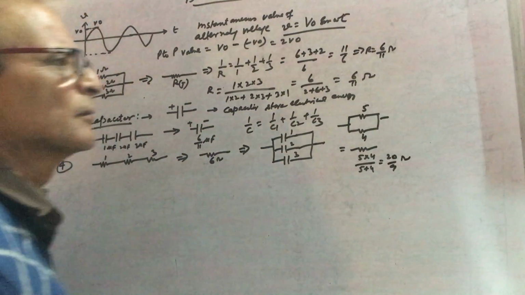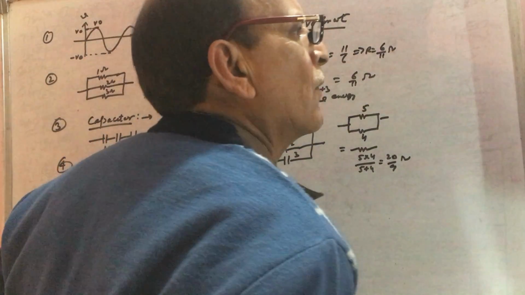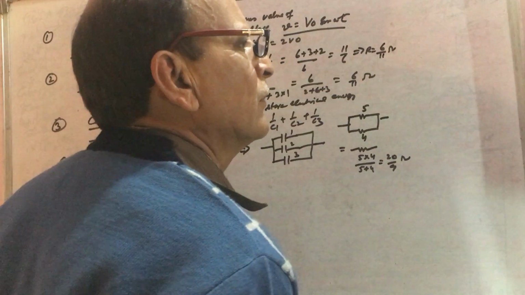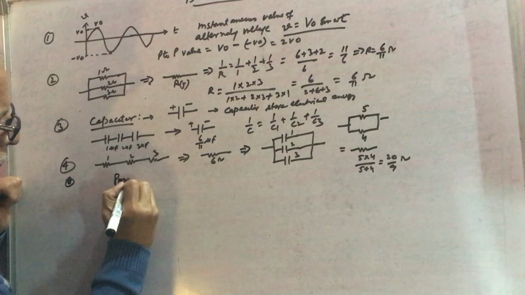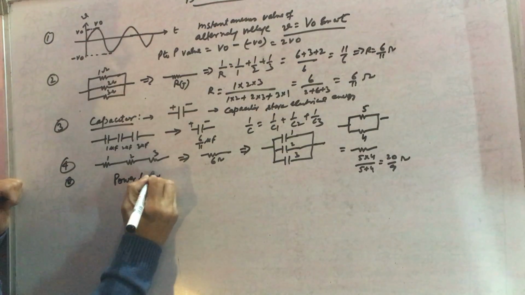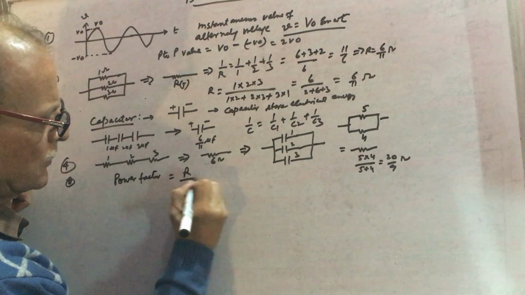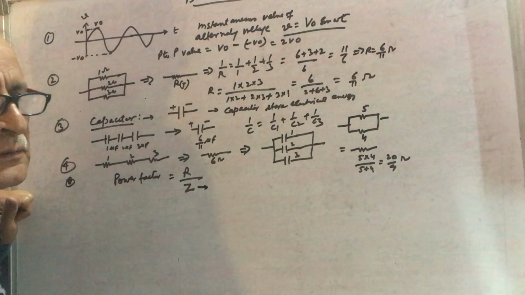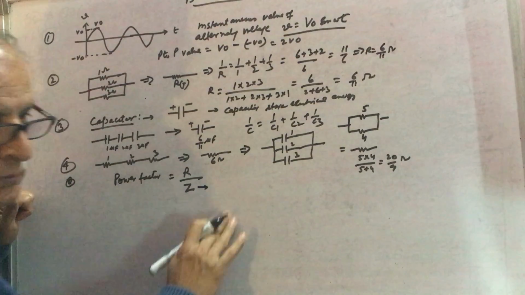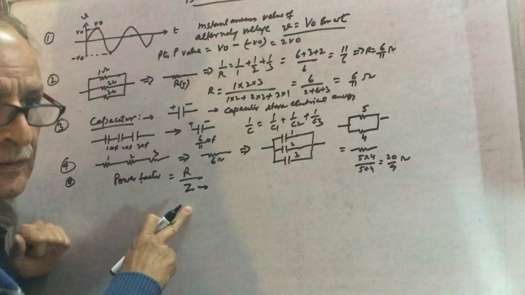Similarly in the case of a capacitor. So the next question we have is power factor. Power factor is the ratio of resistance over impedance. In impedance we also take inductive reactance and capacitive reactance.